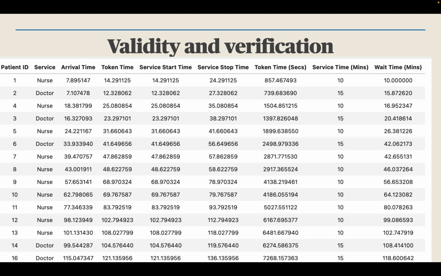Through validity and verification, during the development process of the emergency room simulation model, intermediate outputs were checked to ensure accuracy. The simulation report was reviewed to prevent overlapping service times between patients. Each simulation run served an expected number of patients, around 22 to 33, and other variables were tested to avoid unrealistic results.